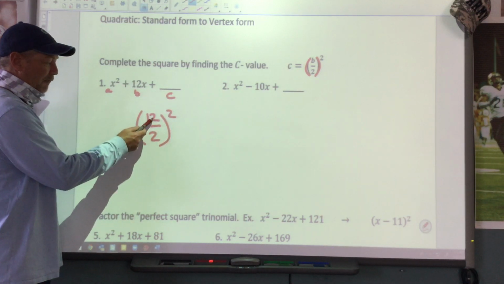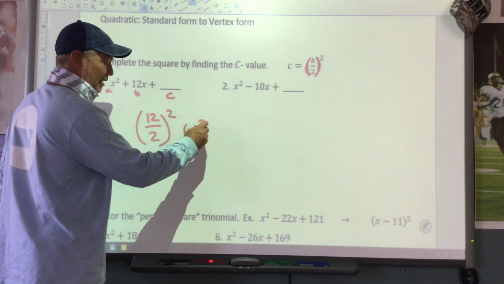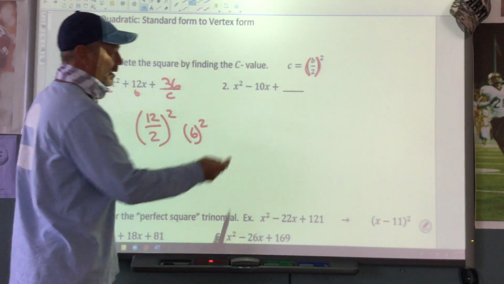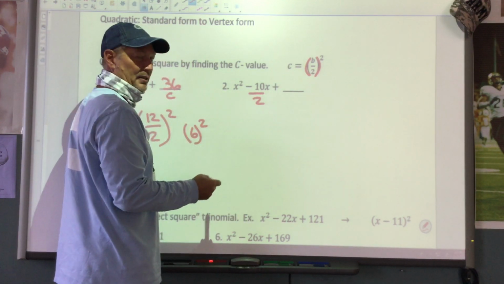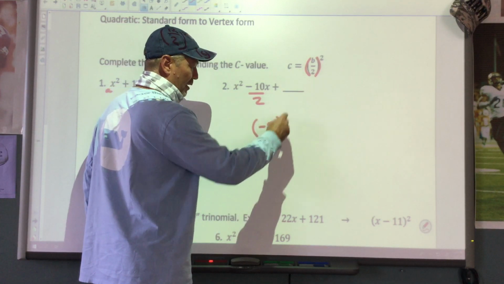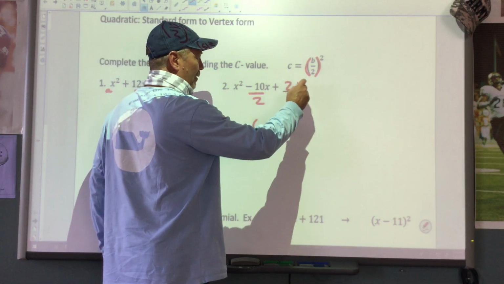So half of 12 is 6. 6 squared is 36. We're going to speed this up. Negative 10 divided by 2 is negative 5. Negative 5 squared is 25.